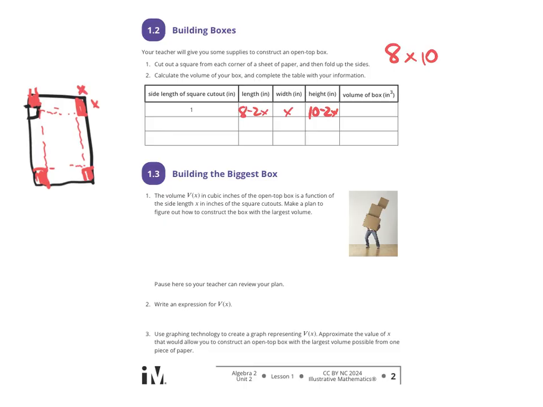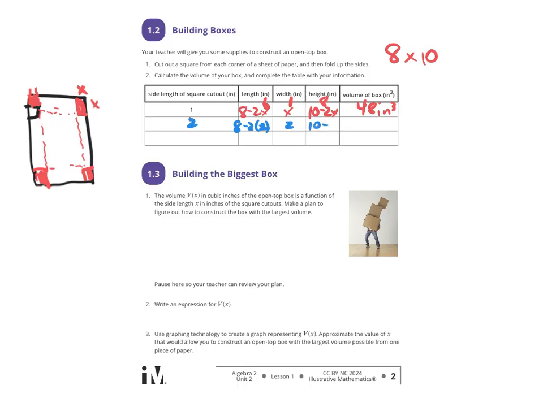All right? So at 1 inch, 8 minus 2 gives you 6. So if we do 6 and 1, 2 times 1 is 2, so that gave us 8. That gave us 48 inches cubed. And then the next time we come around, we cut off 2 to give us 8 minus 2 times 2, then times 2.